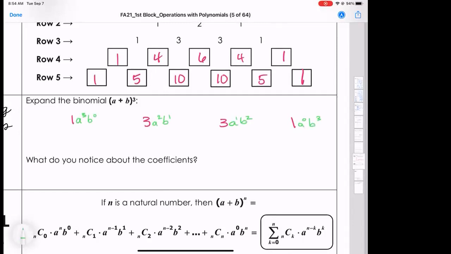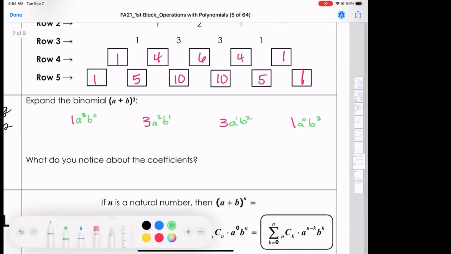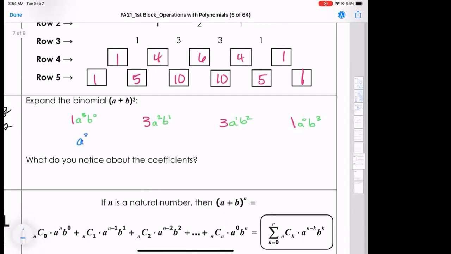Because the sum of our exponents always has to equal whatever power we're raising it to. So then to finish it up and write it out, you've got a cubed plus 3a squared b plus 3ab squared plus b cubed.